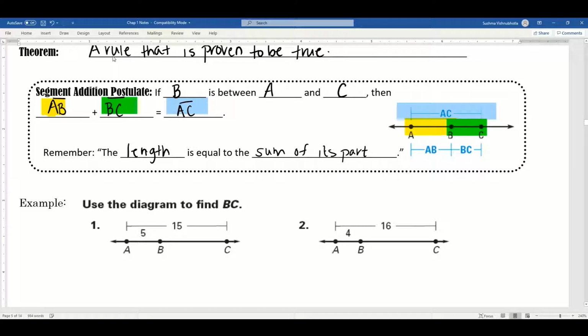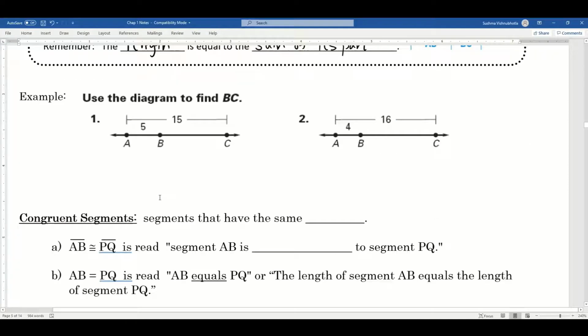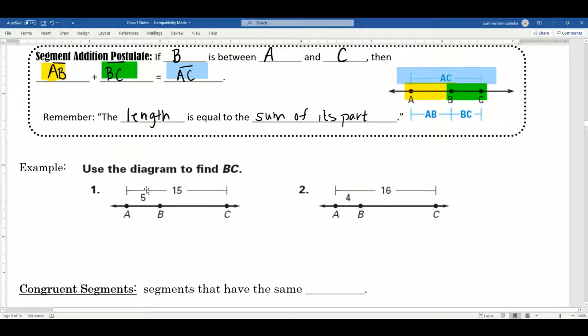So this is the length, and it's equal to the sum, sum means addition, of the parts that make it up. Okay, so we're going to be using this, and what does this look like in application, right? Knowing this postulate, we can actually figure out missing lengths.